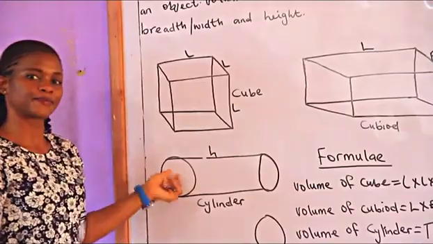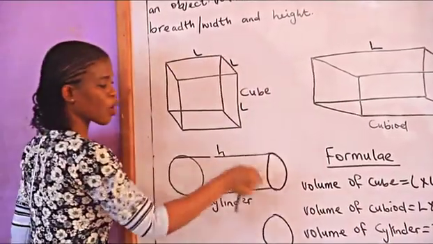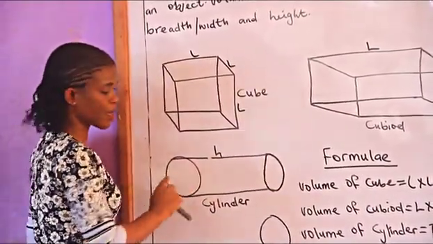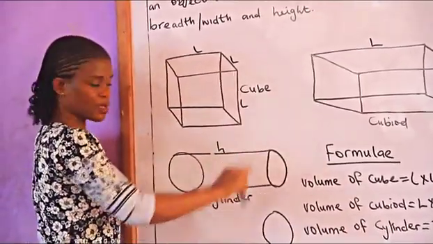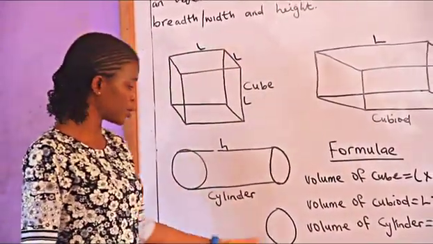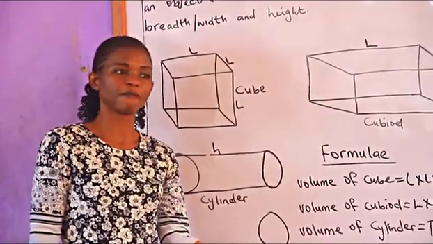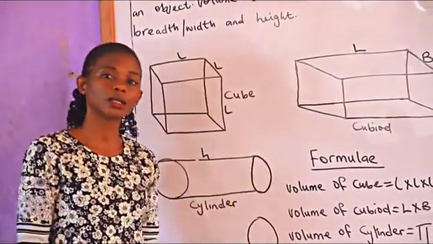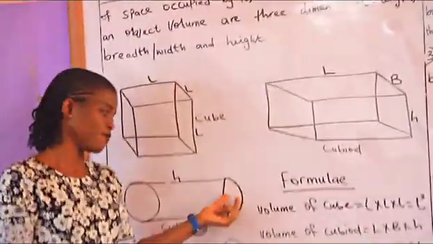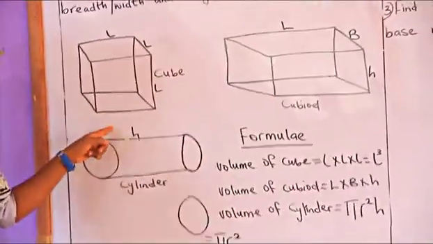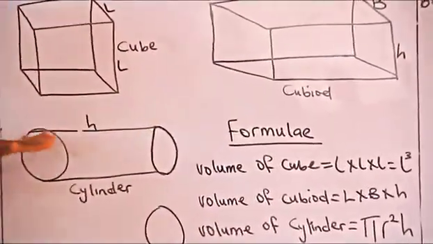For the cylinder, we have a combination of circles and the height, which boils down to the formula for a circle, which is the area of a circle multiplied by the height of that cylinder.